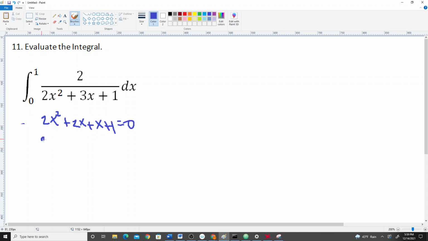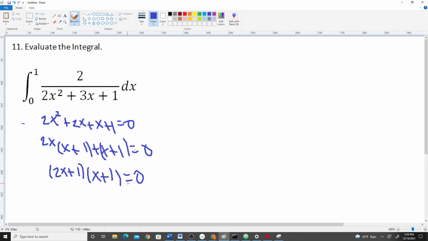And then we can factor out 2x, then we'll have x plus 1 plus x plus 1 equal to 0. So this can also be written as 2x plus 1 times x plus 1 equal to 0.